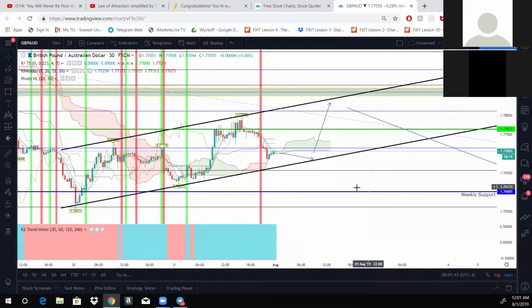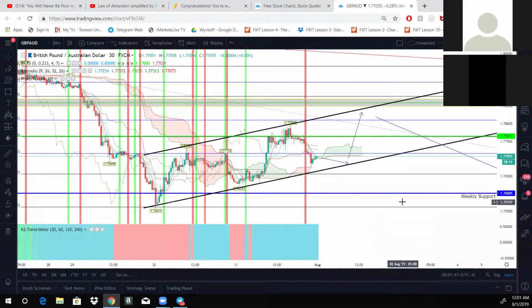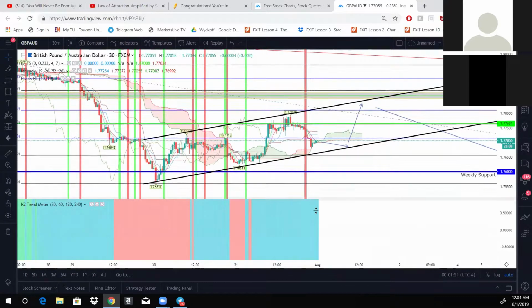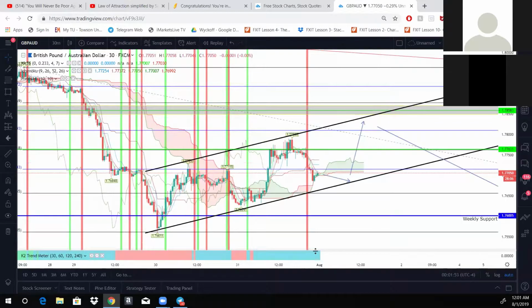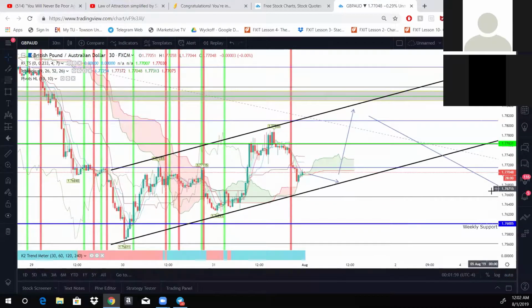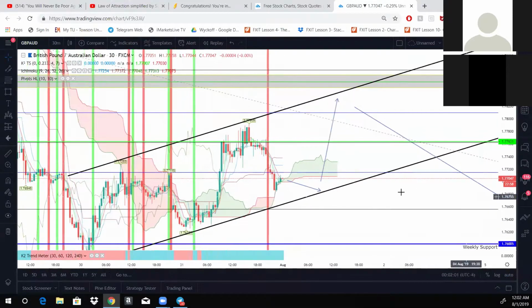Actually pulled it back, but yeah, this should be coming back down any moment now. Yeah, it's just stuck in the cloud for right now, but I see this coming back down.